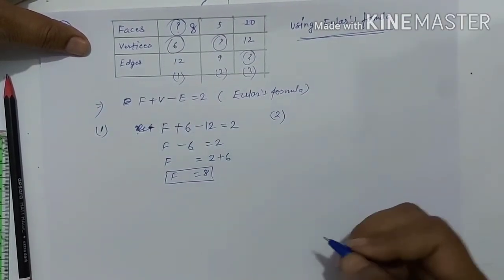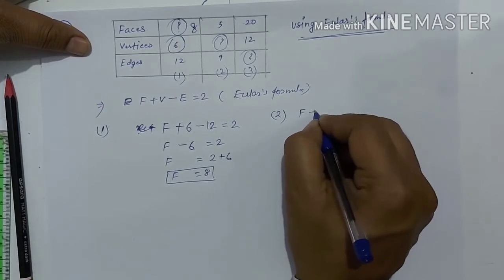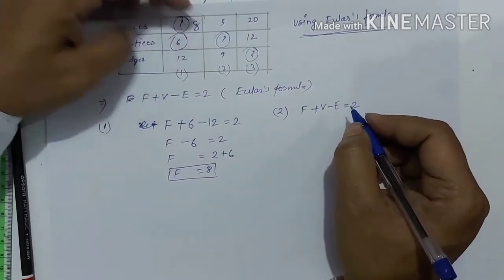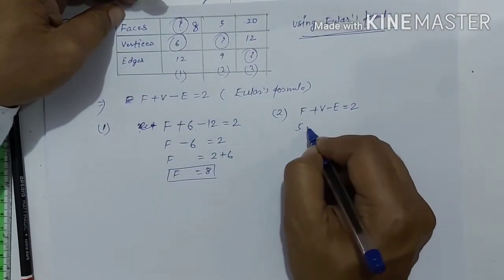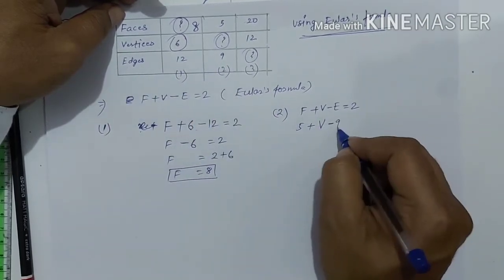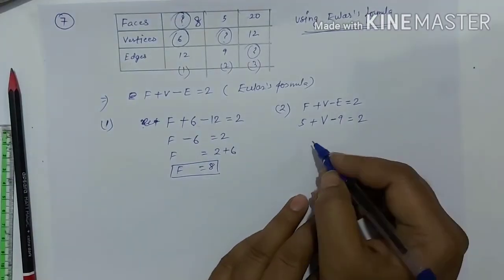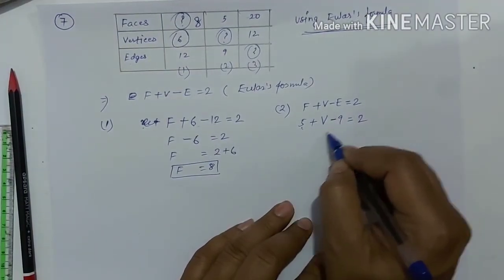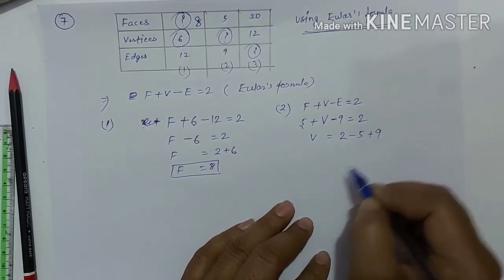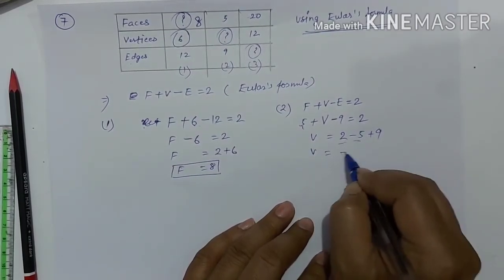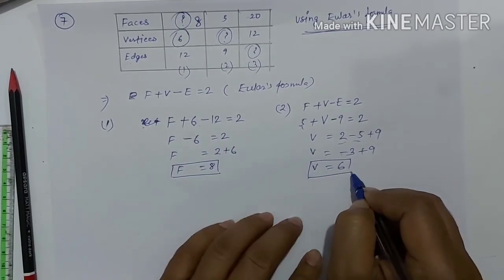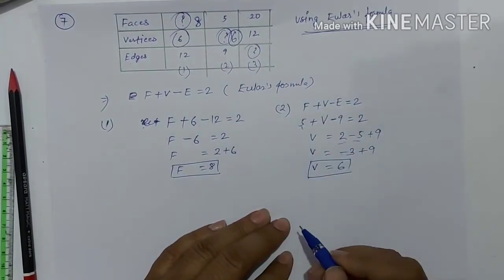Now second, again you write F plus V minus E is equal to 2. Second, the value of face is 5, vertex is not given, and edges is 9, equal to 2. Okay, now 5 plus V is equal to 2 plus 9 minus 5. So V is equal to minus 3 plus 9, V is equal to only 6. It means the value is 6.